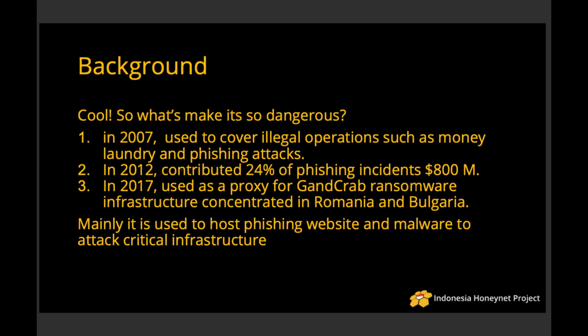For example, in 2017, it was used as a proxy for GandCrab ransomware, and it was concentrated in Romania and Bulgaria. In conclusion, fast flux is mainly used for hosting phishing websites and malware to attack critical infrastructures.